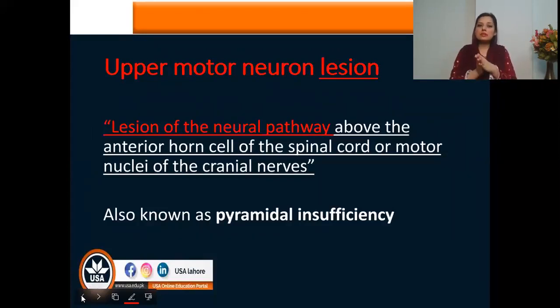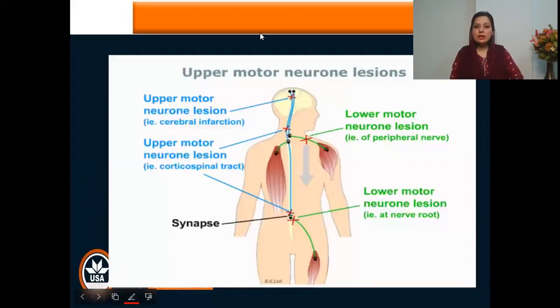Upper motor neurons are the neurons of the pathway above the anterior horn cells of the spinal cord and the motor nuclei of the cranial nerves. Lesions of them are also called pyramidal insufficiency. The blue and red colors indicate the upper motor neurons at the level of the brain, where a lesion results in cerebral infarction, and at the level of the spinal cord, the corticospinal tract.